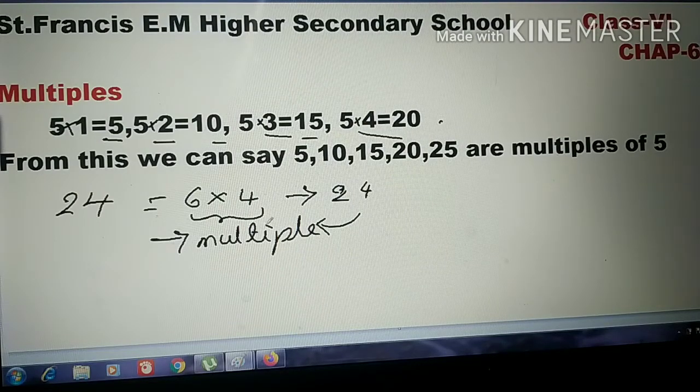If you observe the 6th table and the 4th table, you will get 24. Whatever you get in the table, those numbers will be called multiples.